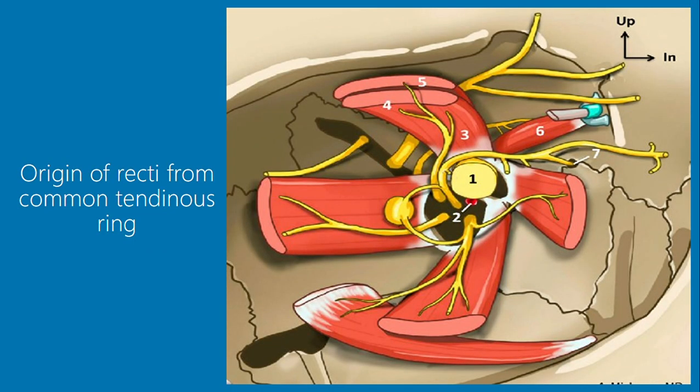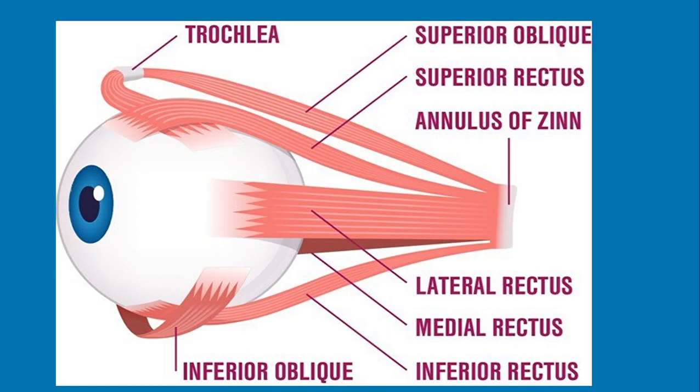So this is the superior oblique muscle. Can you see the superior oblique muscle? It originates from the sphenoid in relation with the optic canal and passes through a trochlea, a fibrocartilaginous pulley, and inserts in between the superior rectus and the lateral rectus.